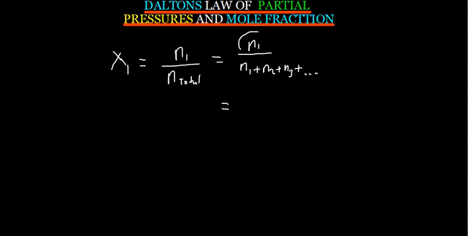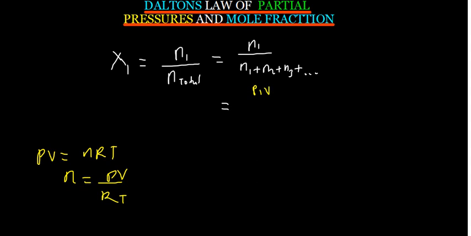From here, the number of moles 1 is given by the universal gas law, PV equal to nRT. If I make the number of moles the subject of the formula, that is PV divided by RT. So we substitute this on top: where there is N1, N1 is equal to P1 multiplied by volume.